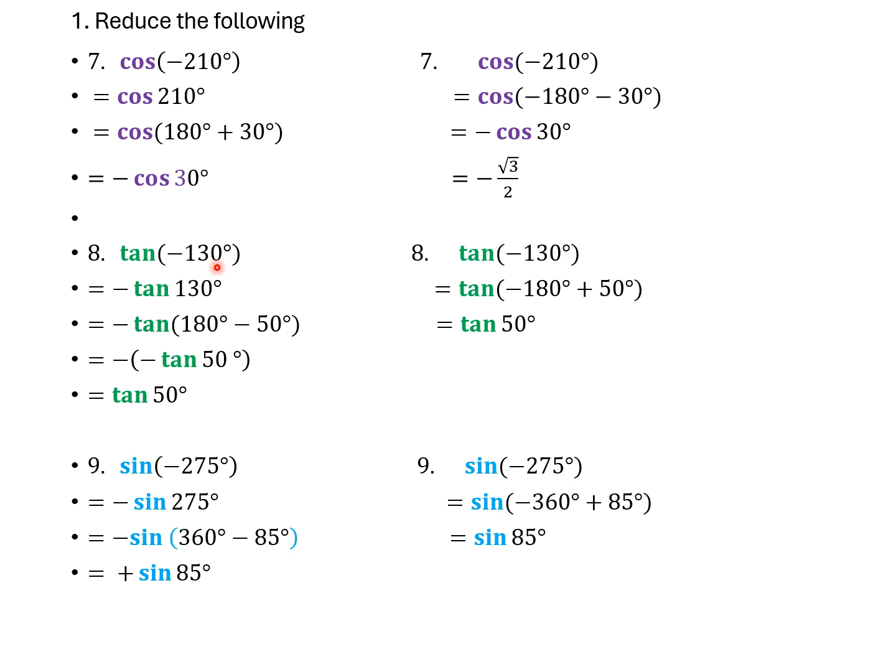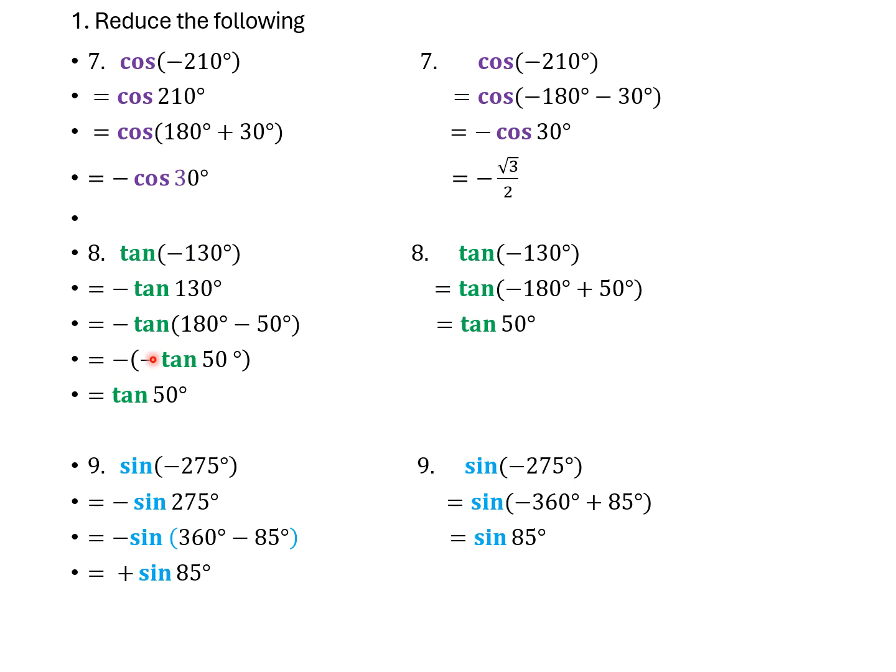Alright, number 8. Tan negative 130. Take the negative angle as being in the fourth quadrant, so that becomes negative tan 130. Now I can write it as negative tan of 180 minus 50, which gives me 130. If I reduce, 180 minus falls in the second quadrant, and in the second quadrant tan is negative. Negative tan 50.